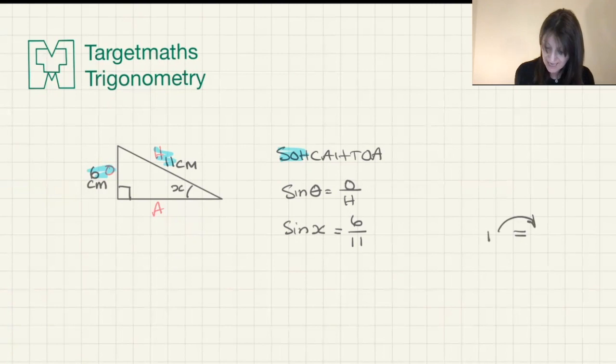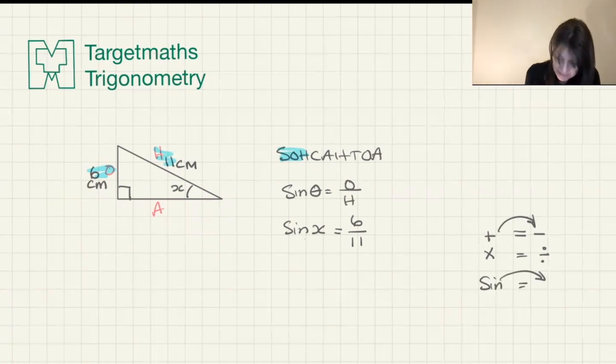If I take an add over, it lands as a take. If I take a times over, it lands as a divide. Well, I'm going to be taking sine over the equals, okay? So I'm going to be picking up that, not the whole of sine x, because I want to leave the x, just sine. And I'm going to be popping it on the other side. It's got to land as something different.